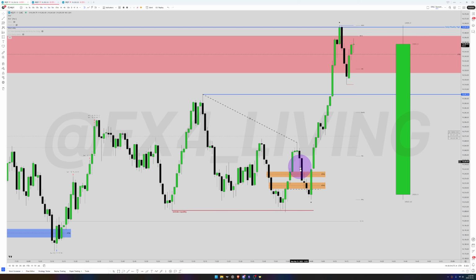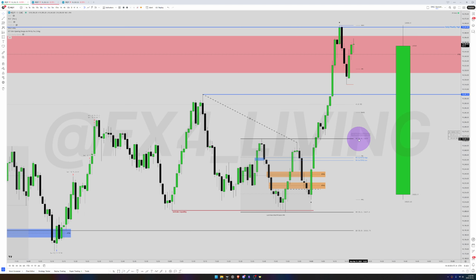Change in state of delivery, retrace, return for that rejection block, inversion, fair value gap, a run. And it basically right here, right here. It kisses the PM opening range high.